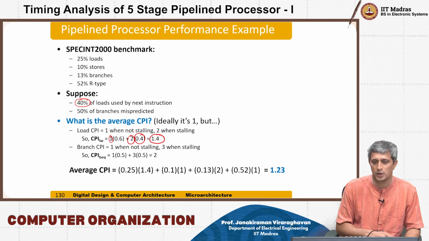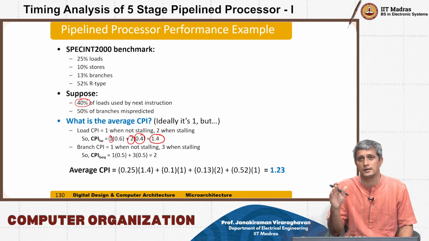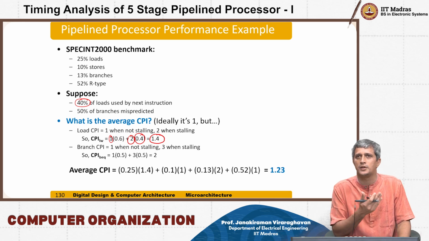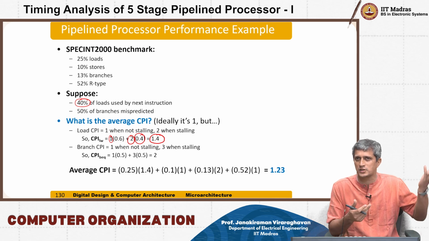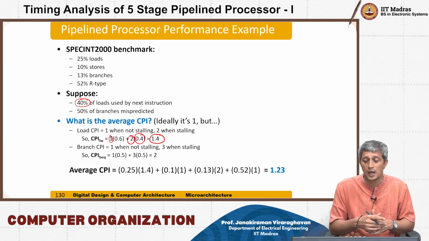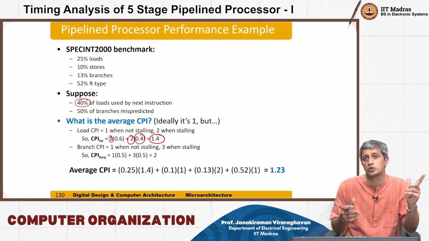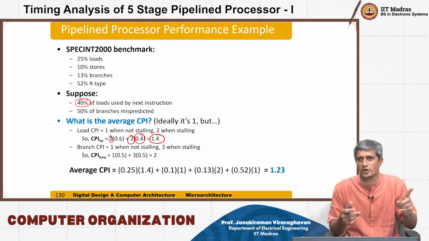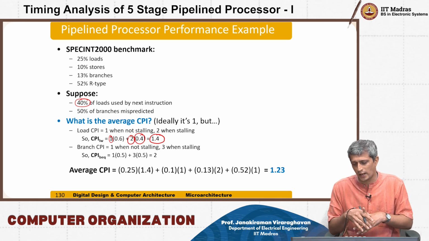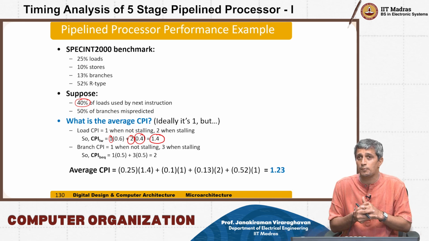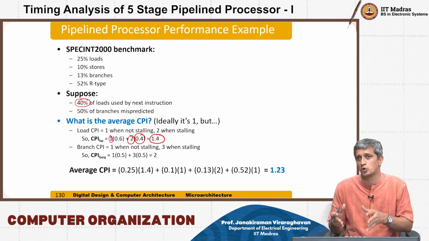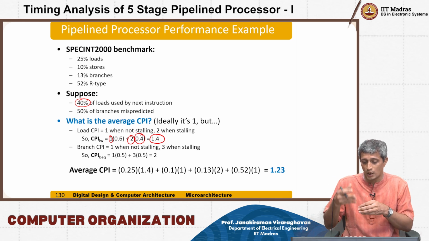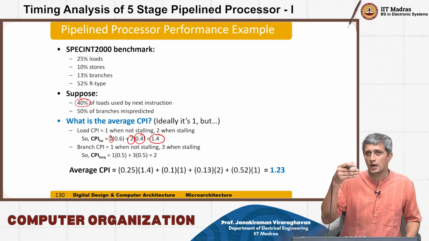Now, branch CPI, cycles per instruction, when it is not stalling, when the branch is not taken, is just 1, because everything is going on as expected. You have prefetched, that path is correct, you proceed. But when the branch is taken, you have to flush those 2 instructions and then start all over again, and therefore you will end up taking 3 cycles to complete the branch on equal.